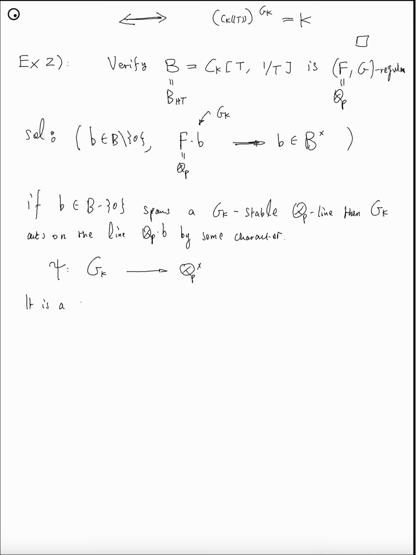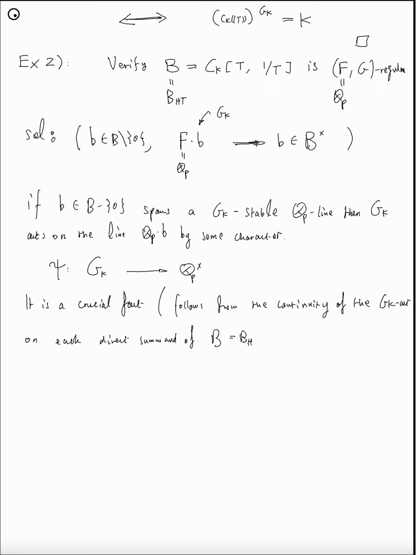It is a crucial fact that follows from the continuity of the JK action on each direct summand of B. That chi must be continuous.